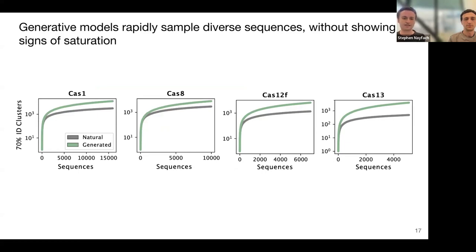Going along the x-axis is the number of sequences you might have sampled from nature or from a generative model. And you can see on the y-axis the number of 70% identity clusters that can be formed from just those sequences. We'll also note the log scale here. But you can see that the generated sequences in green are significantly outpacing the rate of novel cluster formation compared to naturals. And they don't appear to be saturating either, meaning if we sampled for longer, we could get even more proteins from these families.